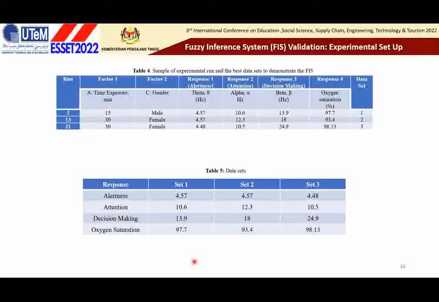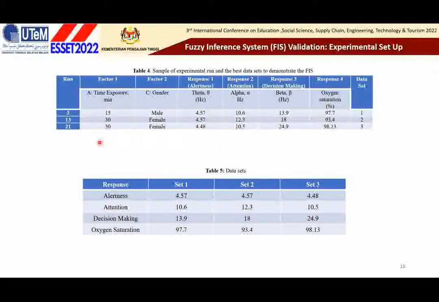So this is the sample of the experimental run and the best data sets to demonstrate the fuzzy inference system that I developed. There are 3 data sets that I chose that I think are very good to demonstrate and validate my developed system.